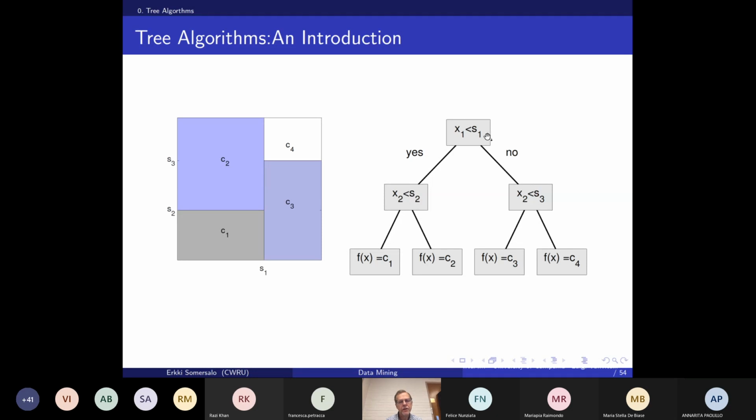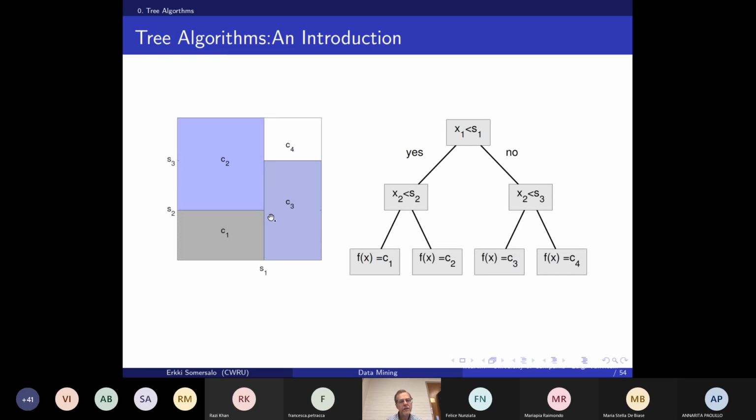So your first question is whether X1 is larger or equal to S1, or smaller than S1. So if the answer is yes, look at this picture here. You split the field in 2 along this line where X1 equals S1.